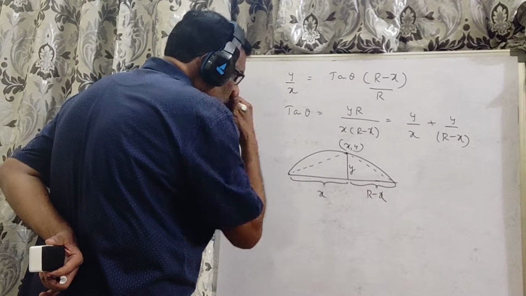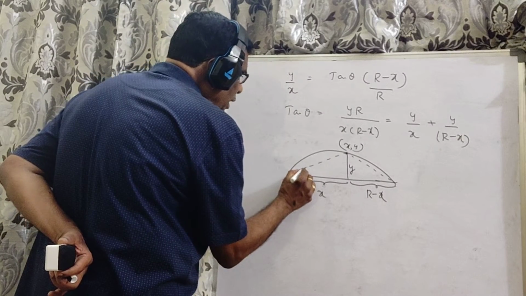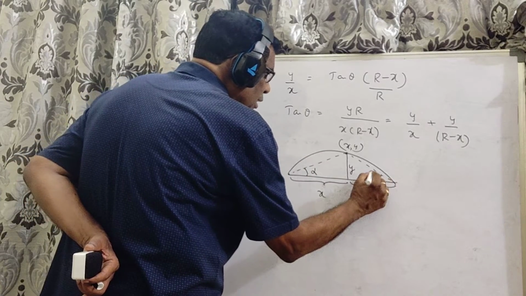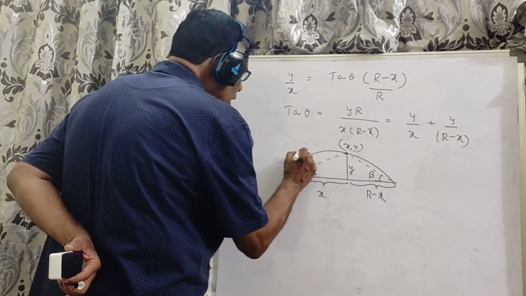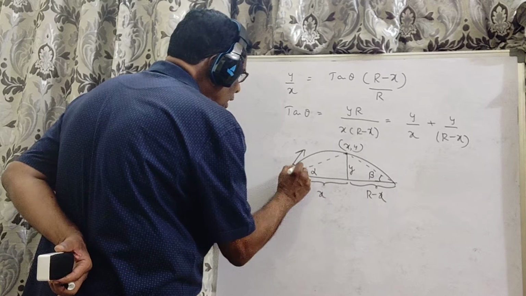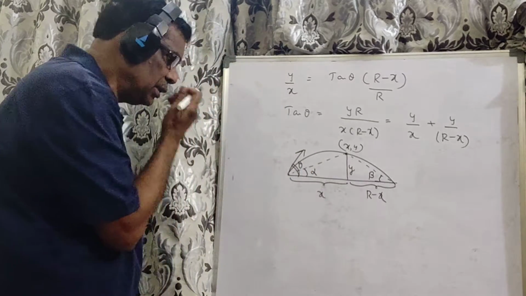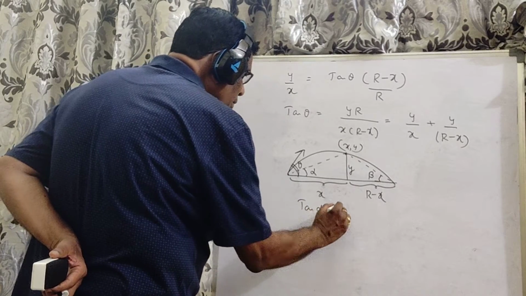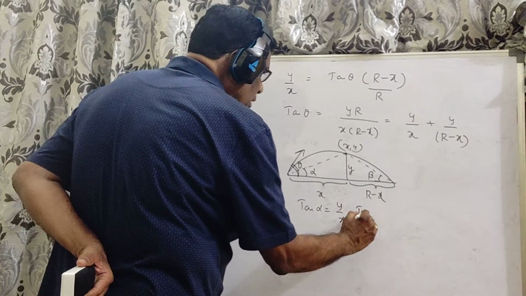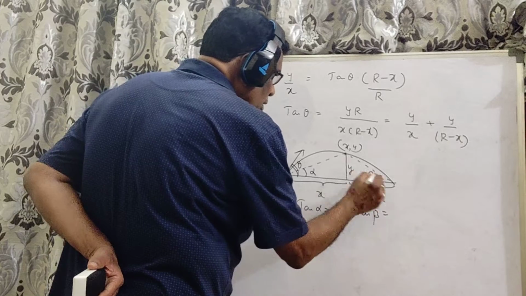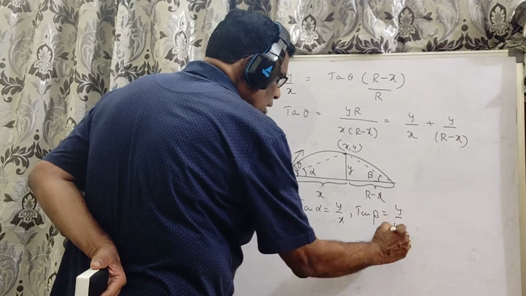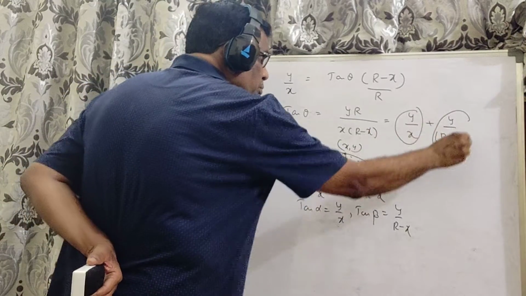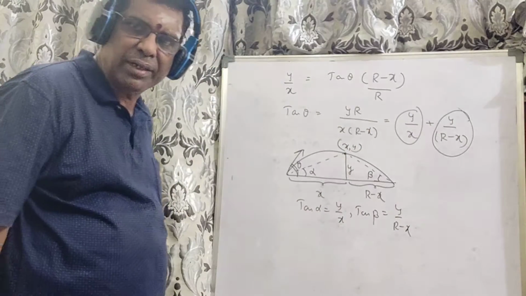Now, if I take this angle as alpha, this angle as beta, and the original angle of projection as theta, what is tan alpha from this? y by x. What is tan beta? y by r minus x. Now look, you got both from there.